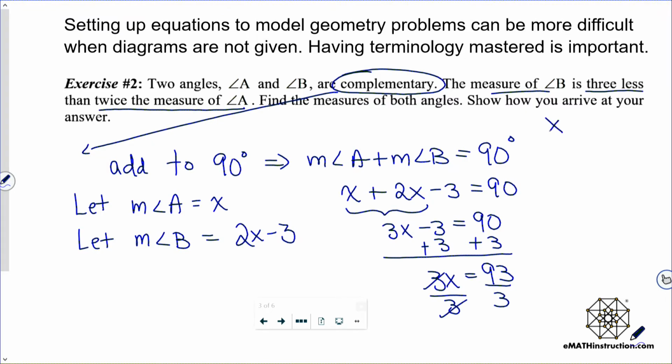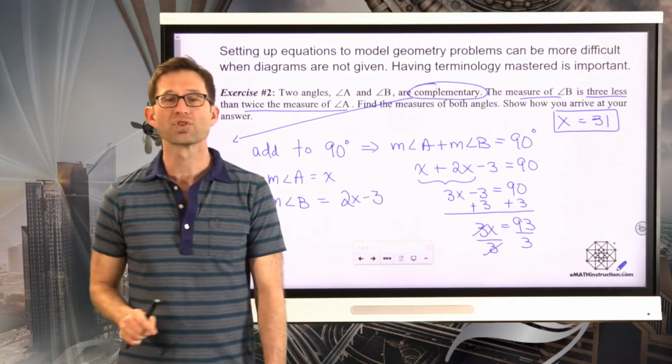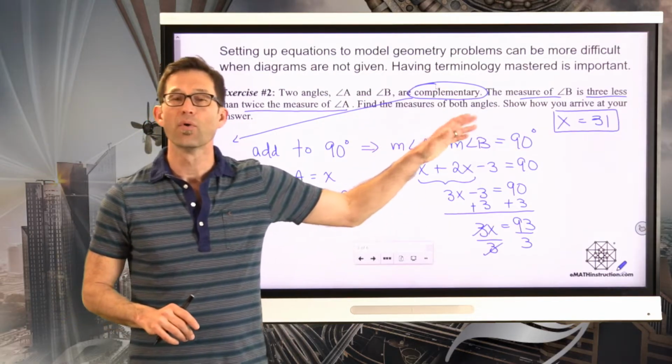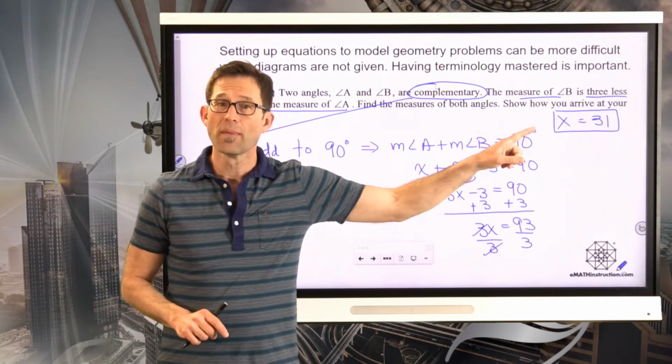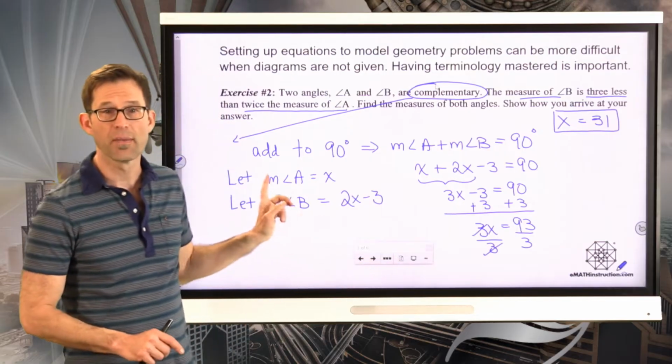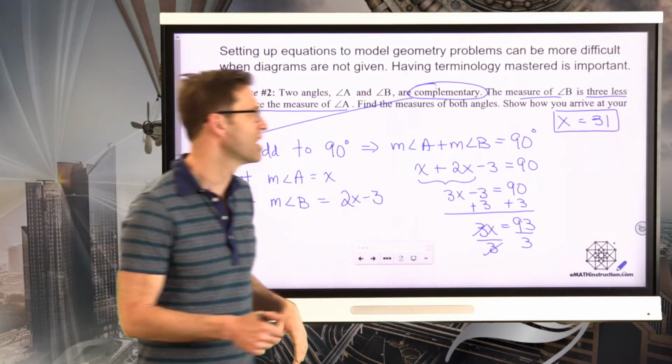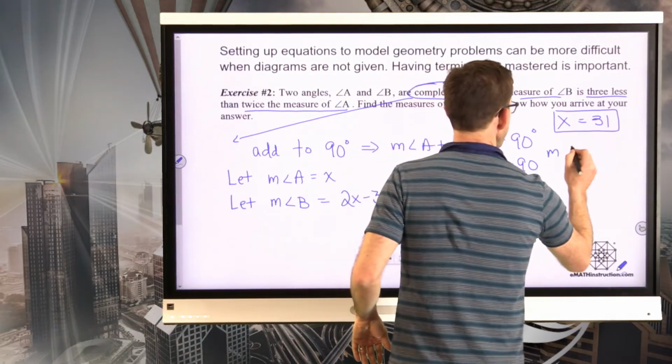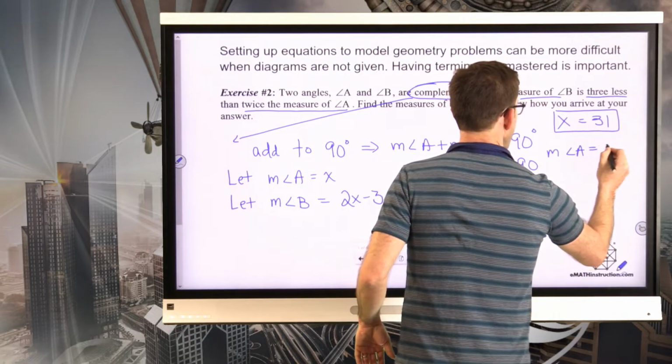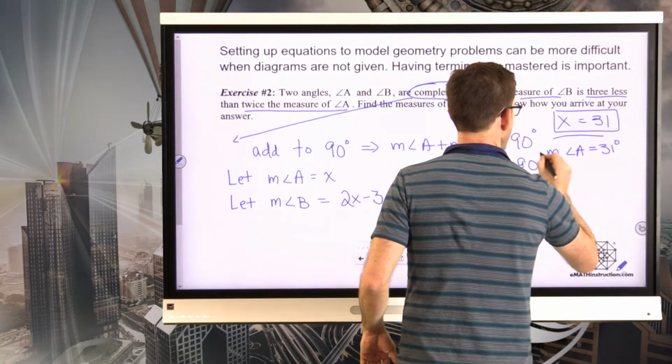And that's going to give me x is equal to 31. Now, keep in mind, the problem actually asks me to find the measure of both angles. This is the measure of one of the two angles, that's the measure of angle A. But I should state that formally. So the measure of angle A is 31 degrees.